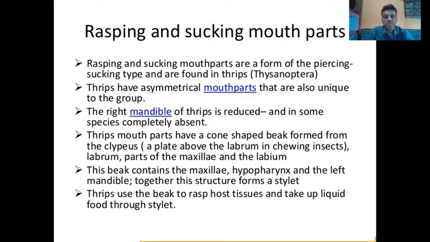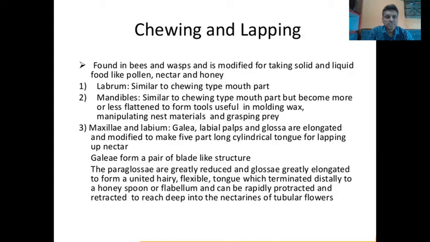This beak contains the maxilla, hypopharynx and left mandible, which together form a stylet. Thrips use the beak to rasp host tissues and take up liquid food materials with their stylet.